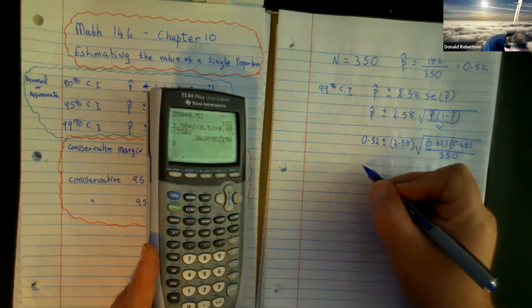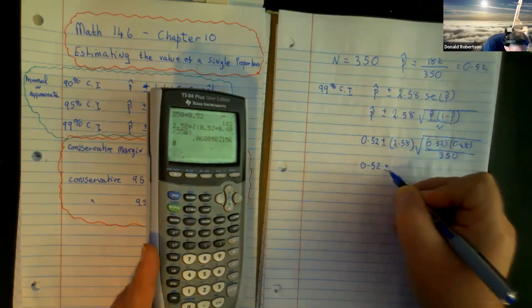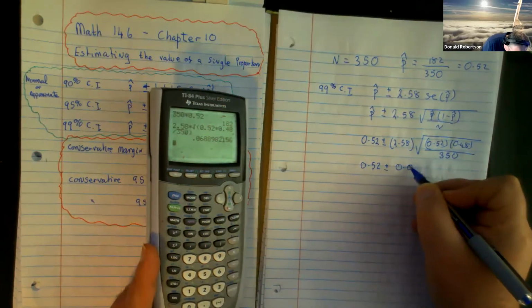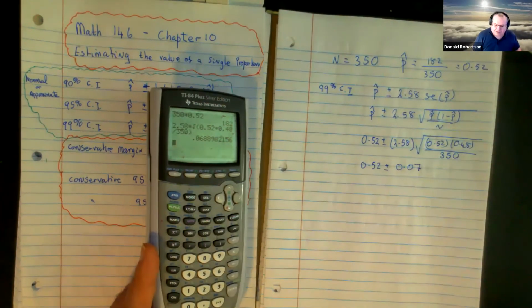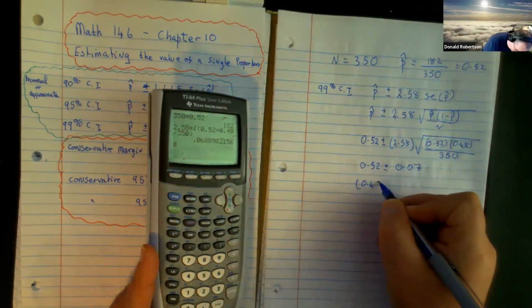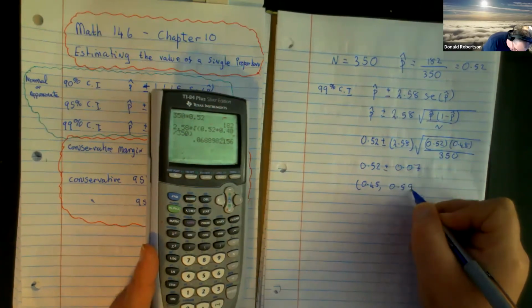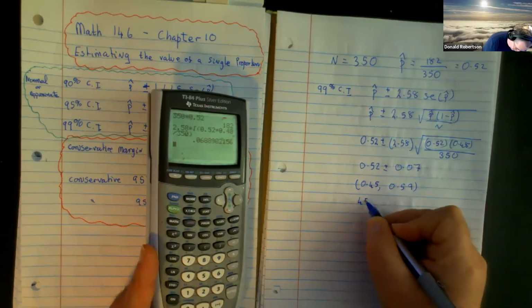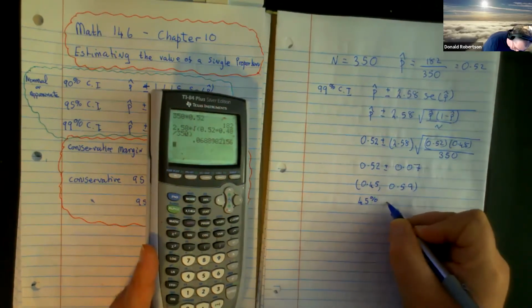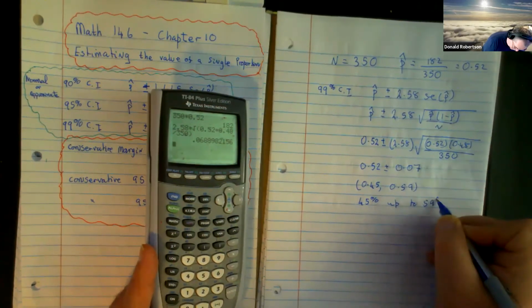And we get 0.52, give or take, and I'm rounding it off to 2 decimal places, so give or take 7%, which means it could be as low as 45, it could be up to 59. So what we'd be saying here is 45% up to 59%.